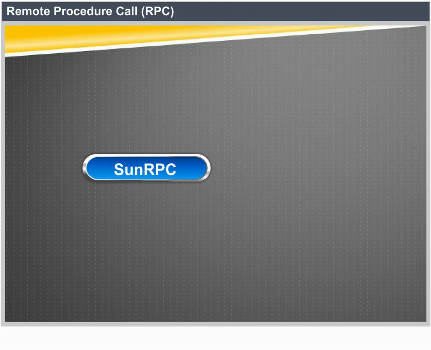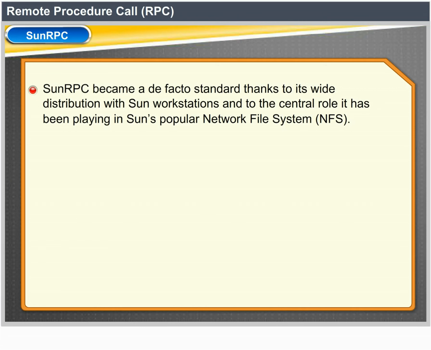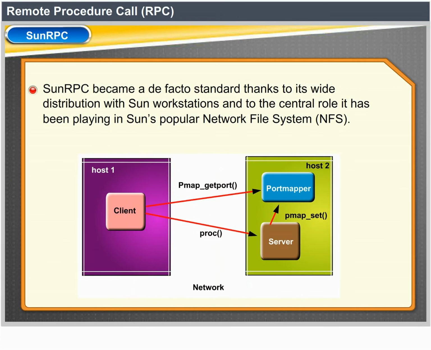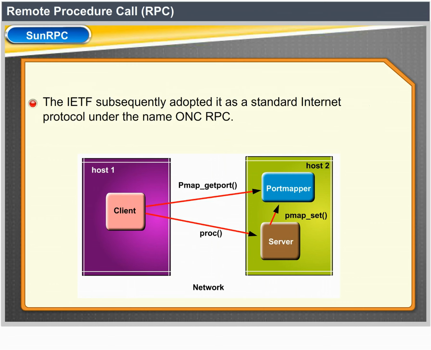Sun RPC. Sun RPC became a de facto standard thanks to its wide distribution with Sun workstations and to the central role it plays in Sun's popular network file system, NFS. The IETF subsequently adopted it as a standard Internet protocol under the name ONC RPC.